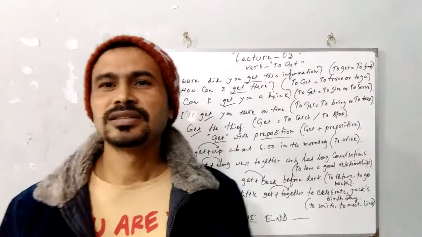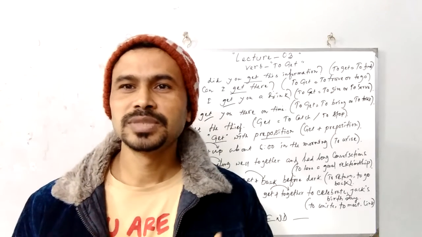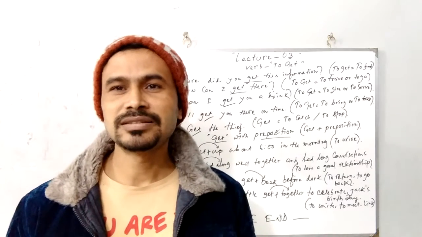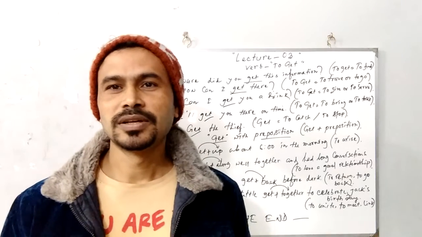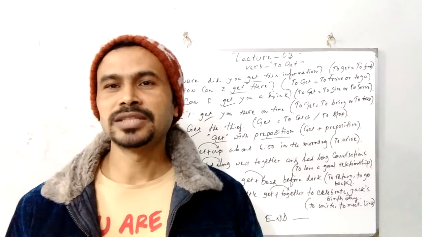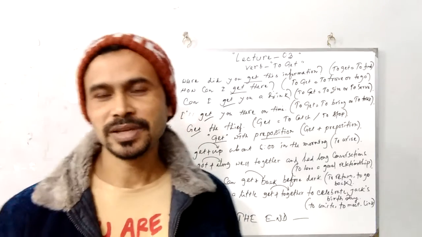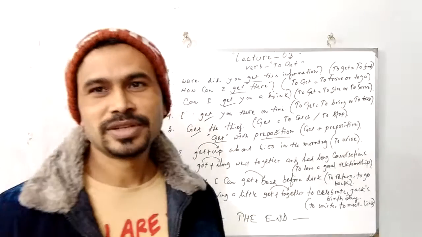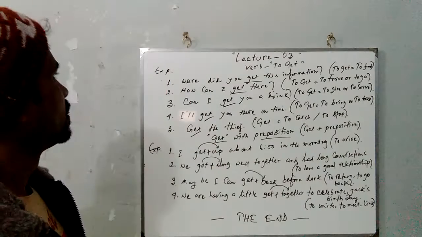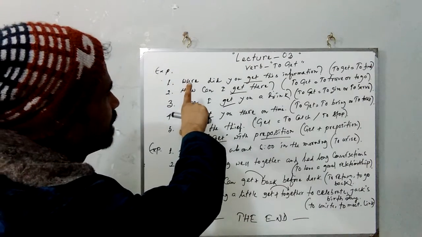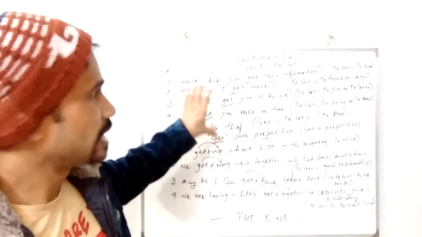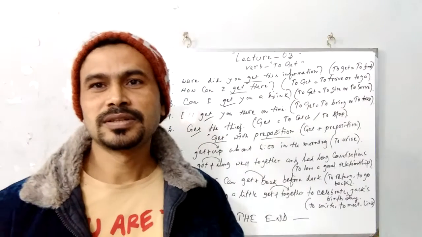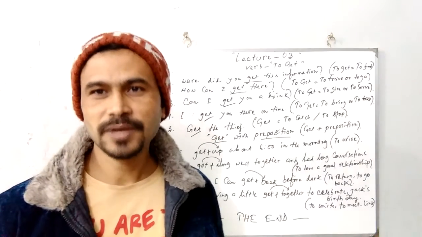I think you all know that to get is a very commonly used verb in English and has many different uses and meanings, okay? So my friends, let's see. My friend, I mentioned 5 sentences so that you can understand properly, okay?